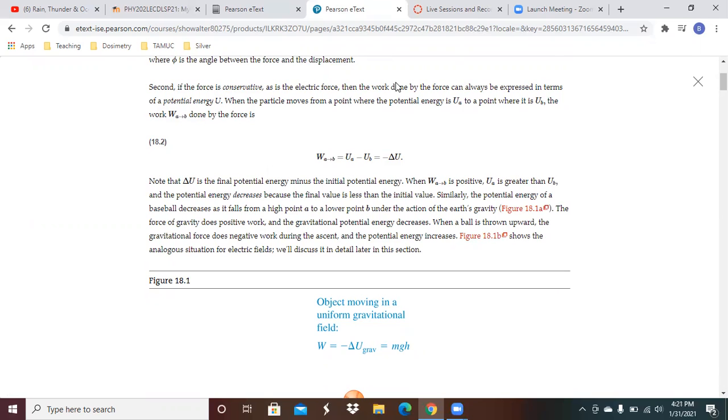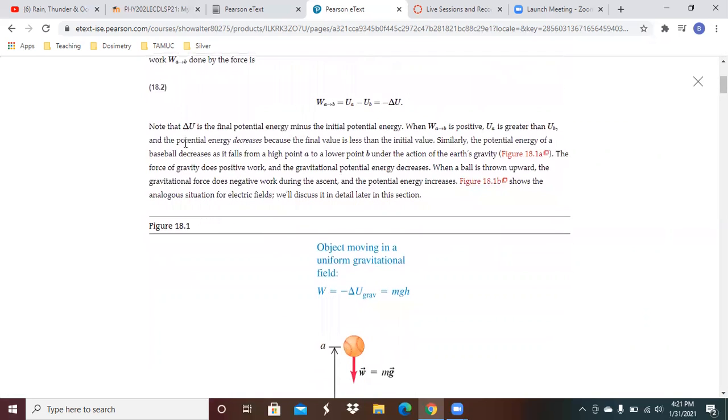So when a particle moves from a point where the potential energy is U sub A to a point where it's U sub B, then the work done by that force is going to be the change in the potential energy, which we represent with minus delta U. Note that delta U is the final potential energy minus the initial. So when this is positive, the potential energy at A would be greater than at B, and the potential energy decreases because the final value is less than the initial value.